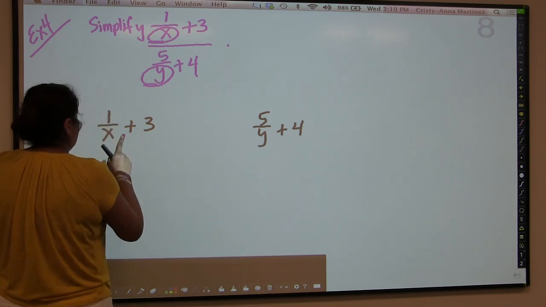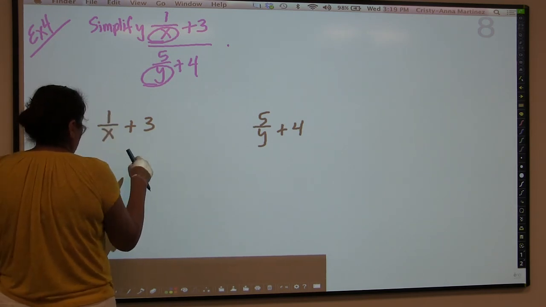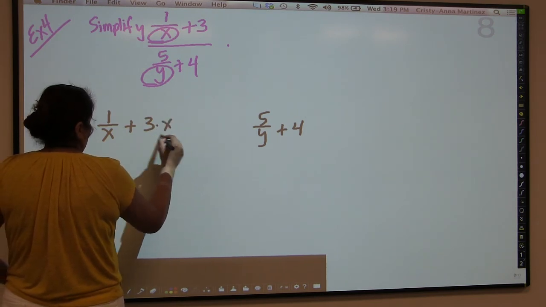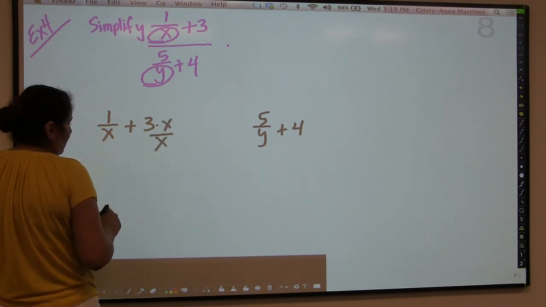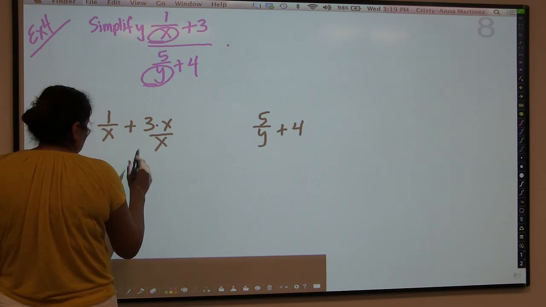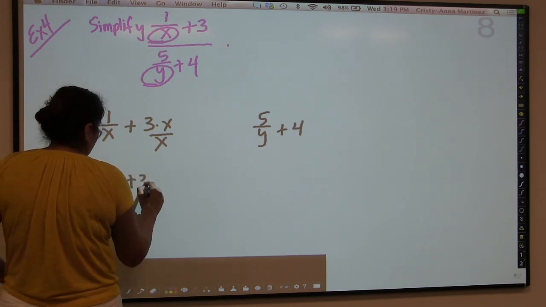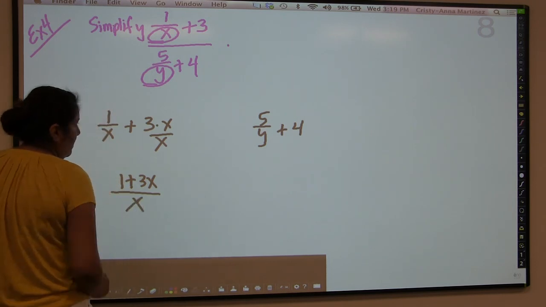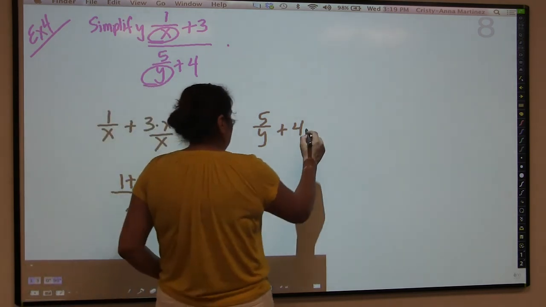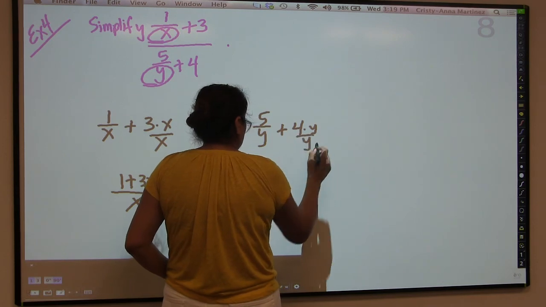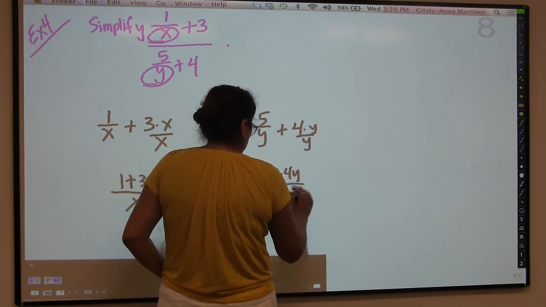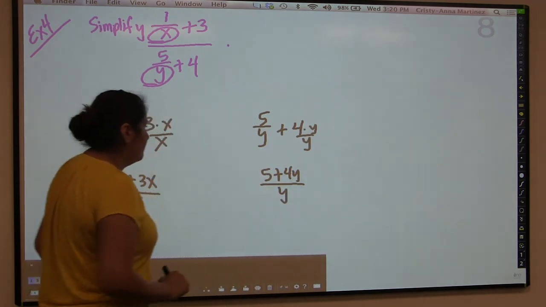In order to get a common denominator, I multiply by x over x, so this expression will be 1 plus 3x all over x. Over here I do the same thing and multiply by y over y, and that's going to be 5 plus 4y over y.